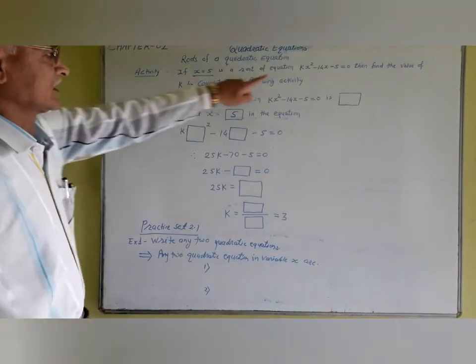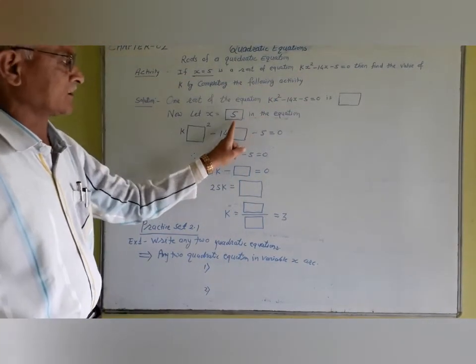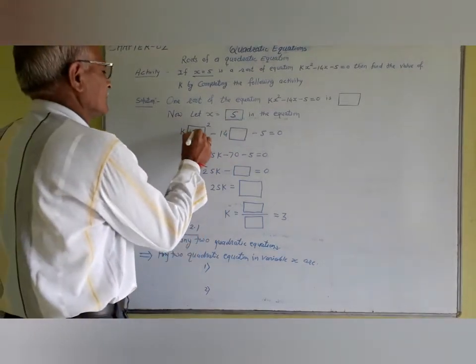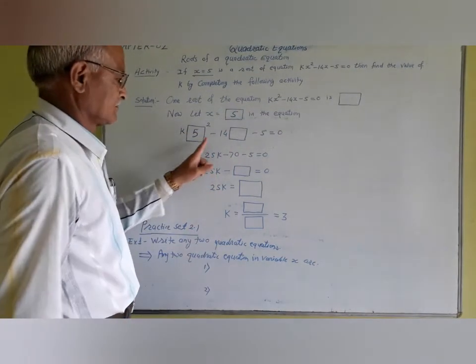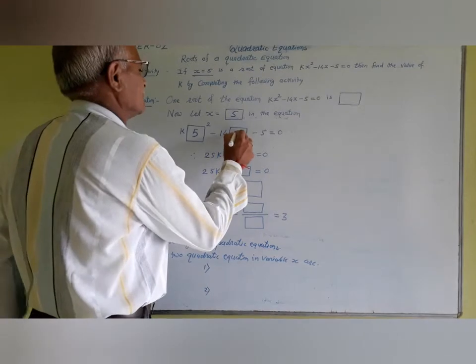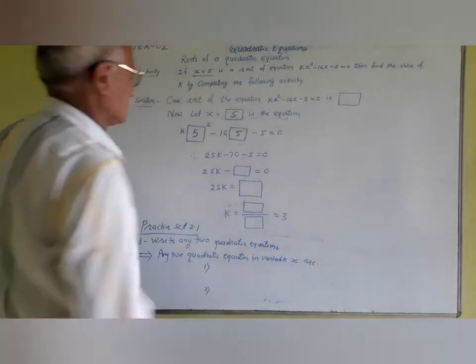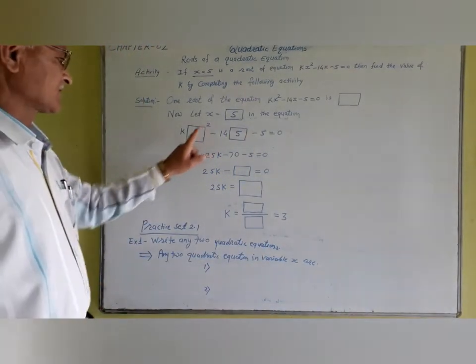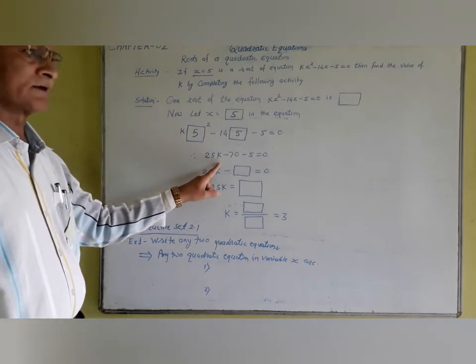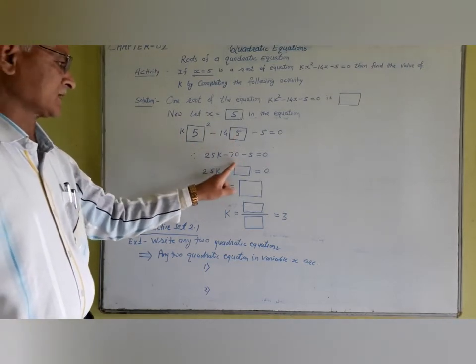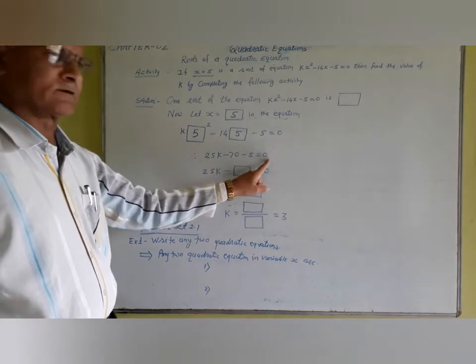Now whenever you see the x in the equation, you have to write 5. Kx square, k 5 square, minus 14, x means 5, minus 5 is equal to 0. 5 square means 25k, minus 14 5s are 70, minus 5 is equal to 0.